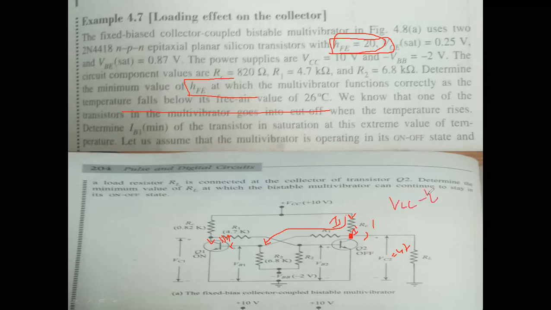This is the current present here when the load is connected. When there is no load, the current is I1. When there is a load, this current will be I1 dash.